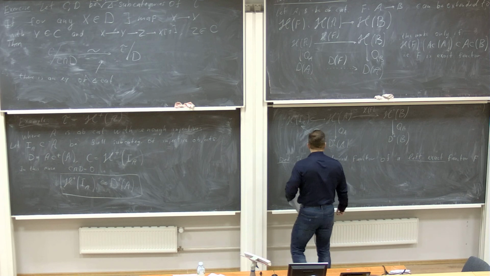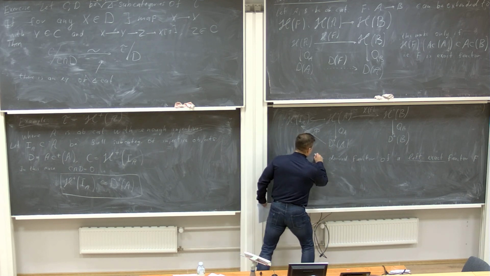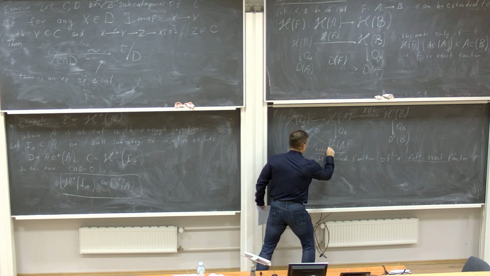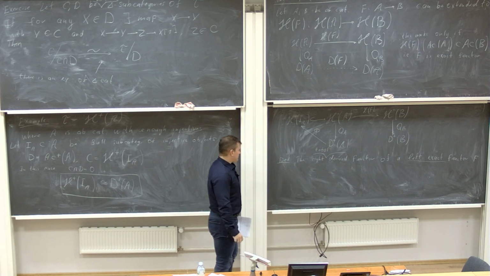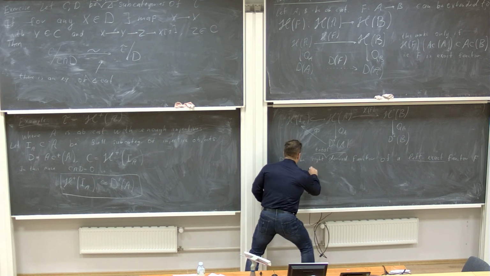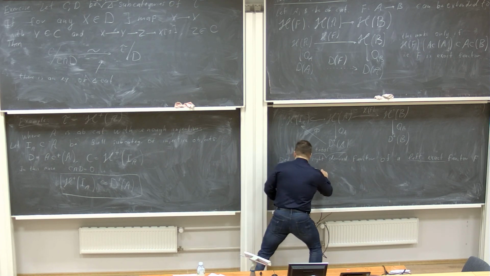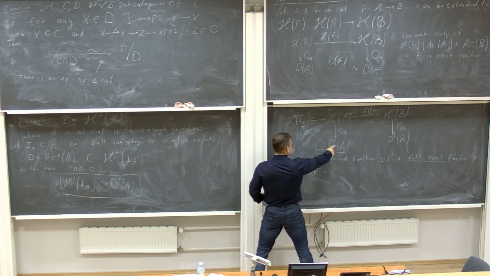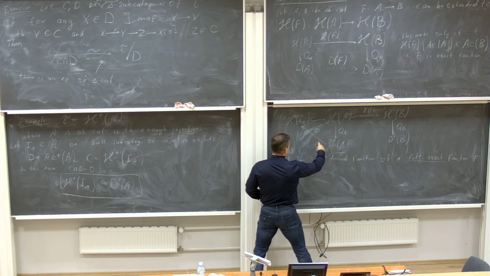Sometimes this is also called the right total derived functor, acting on triangulated categories, as the following composition. The notation for this is RF, and the definition is the following. You just take the composition. You start with some object in the derived category of A, you apply the functor phi first.